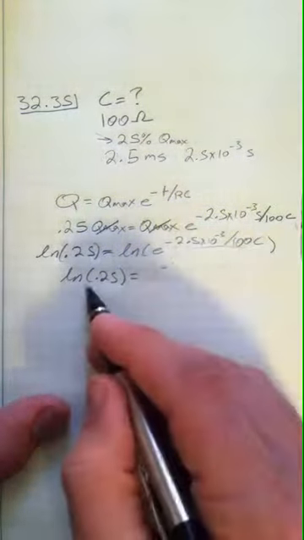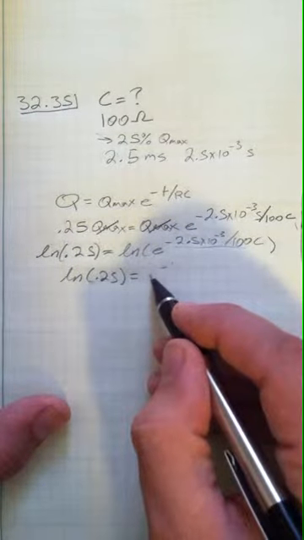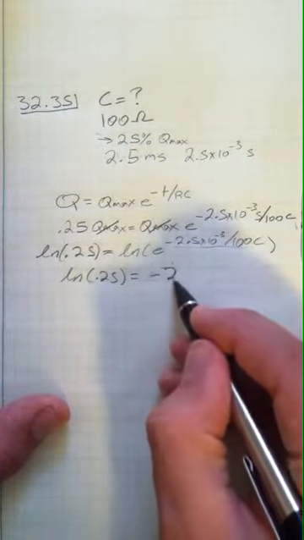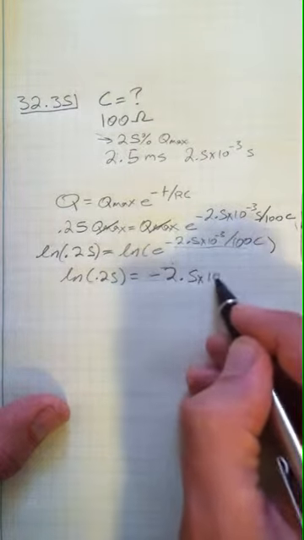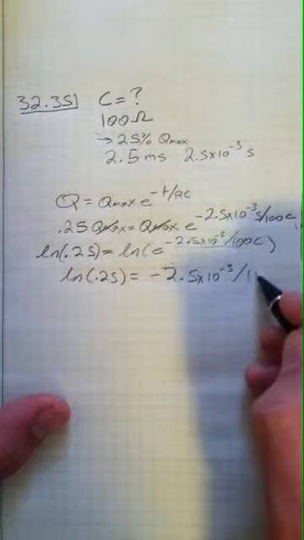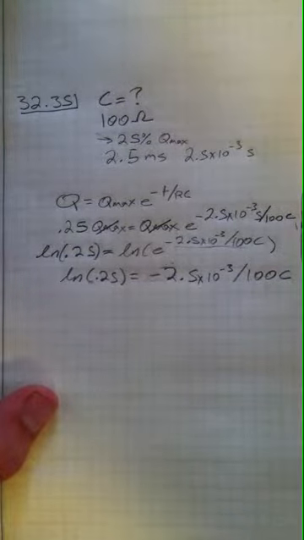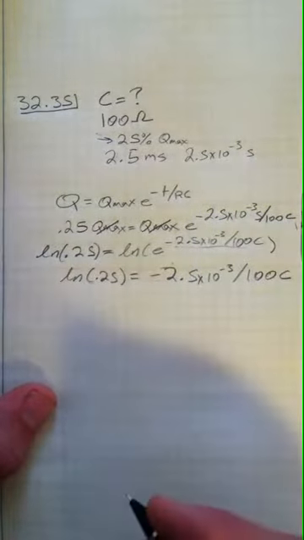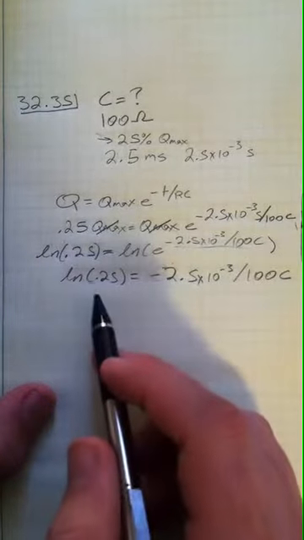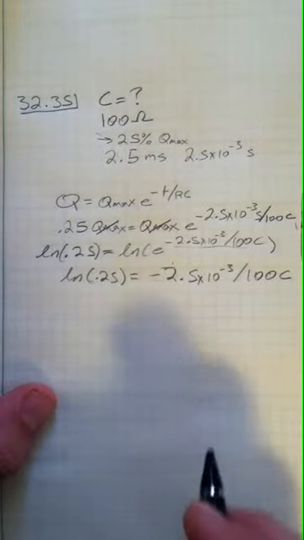So you have the natural log of 0.25 over here on the left equals negative 2.5 times 10 to the negative third over 100 C. So continuing our algebra, we want to multiply both sides by C and divide both sides by the natural log of 0.25.